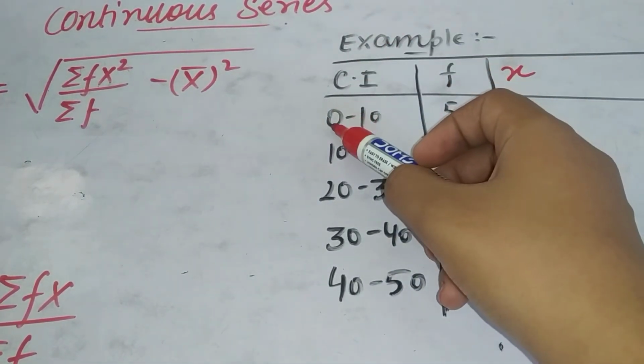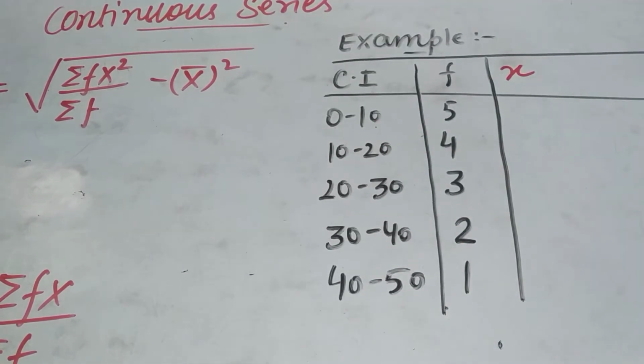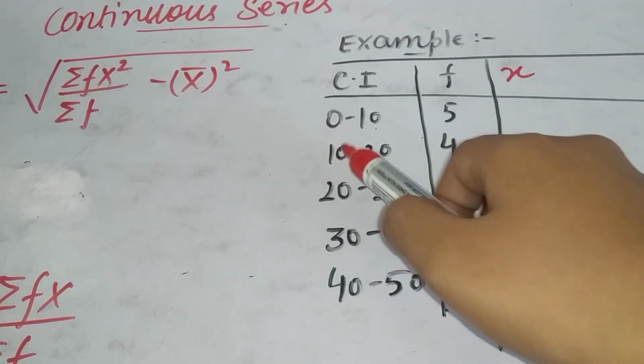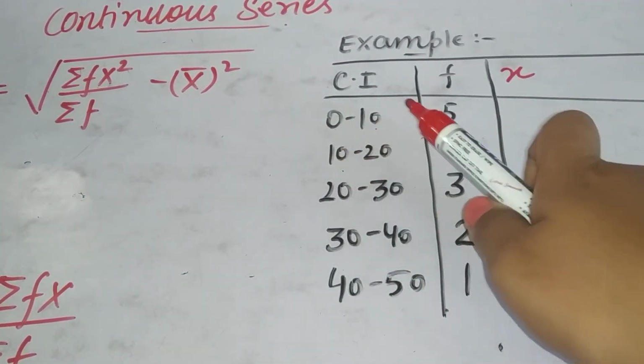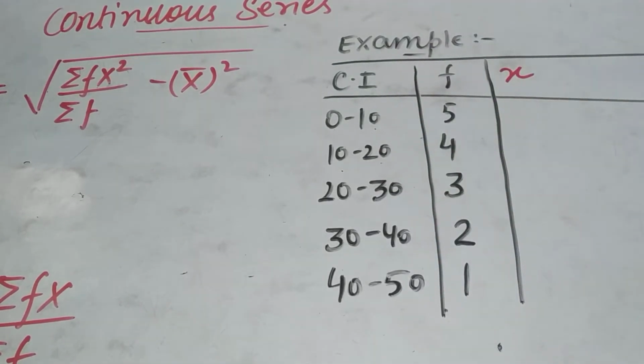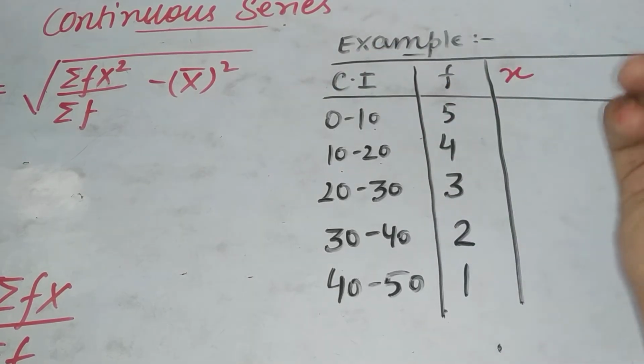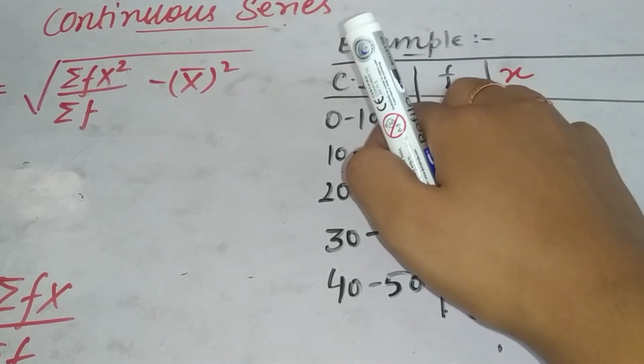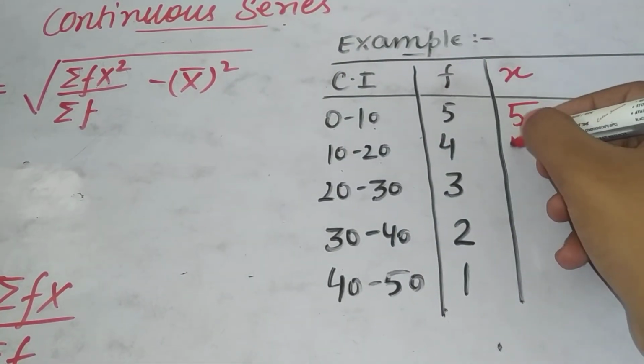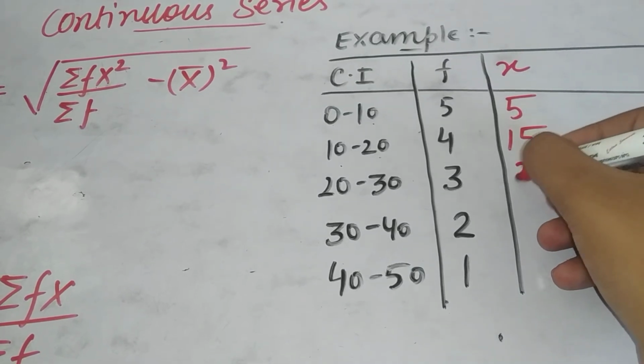For the first class the lower limit is 0 and the upper limit is 10, and for the next class 10 is the lower limit and 20 is the upper limit. So 10 plus 0 divided by 2 is 5, 20 plus 10 divided by 2 is 15, and so on.